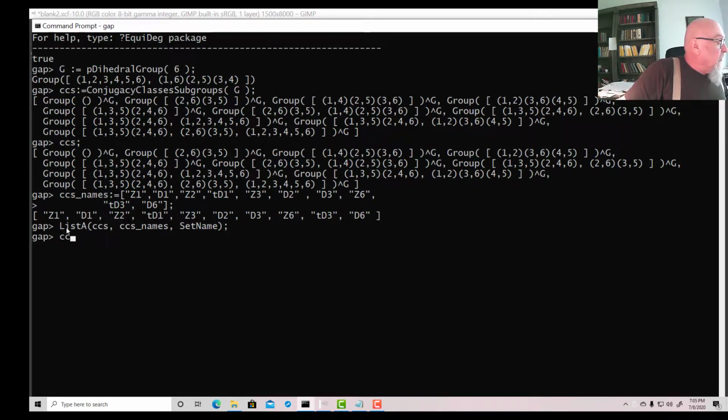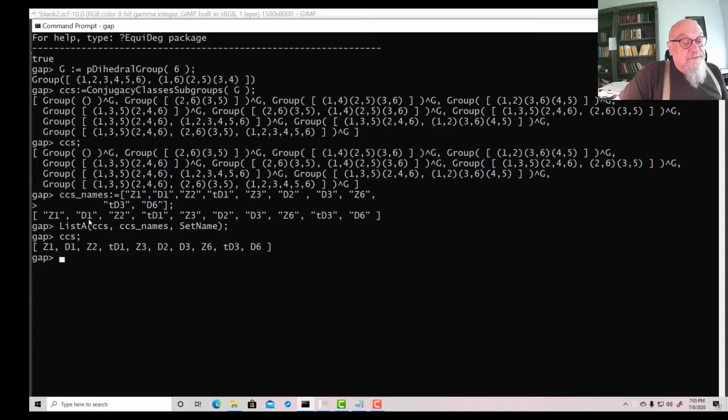Instead of the list of the subgroups, I'm getting short names for each of those conjugacy classes. So for example, if you want to know what is CCS7, it just gives you D3. So in such a way, it is now easy to manipulate the subgroups, and we are able to recognize their names.